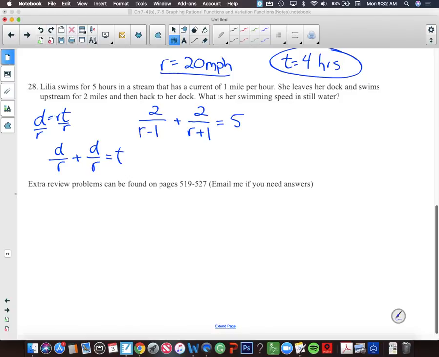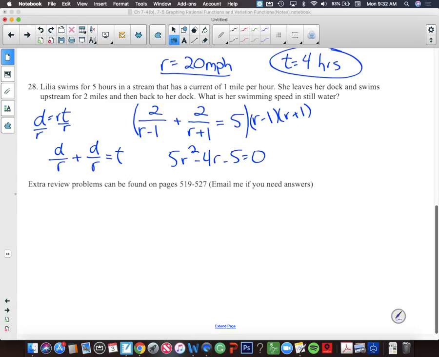And then that's a pretty standard rational equation. So we multiply it by r minus 1, r plus 1. Simplify it down. So this one you're going to end up factoring, and see if you can factor it. So when we get it all simplified down, we're going to have 5r squared minus 4r minus 5 equals 0.